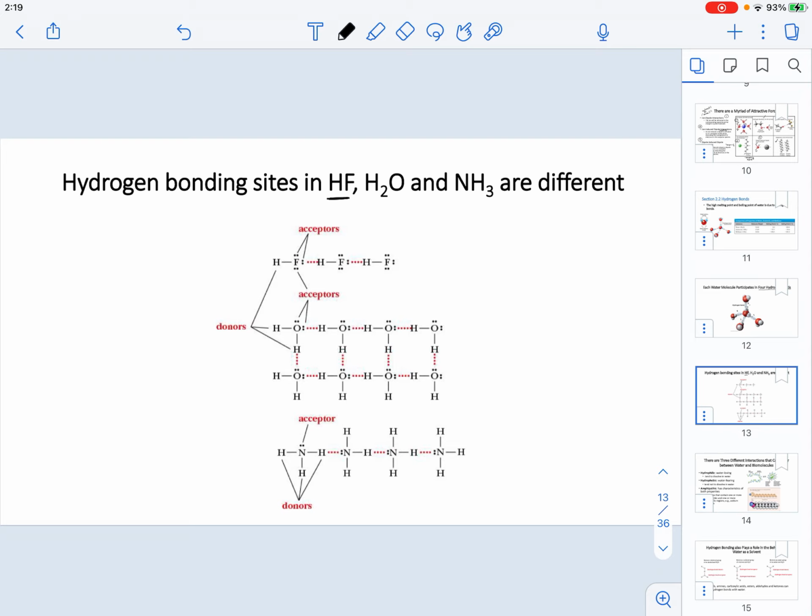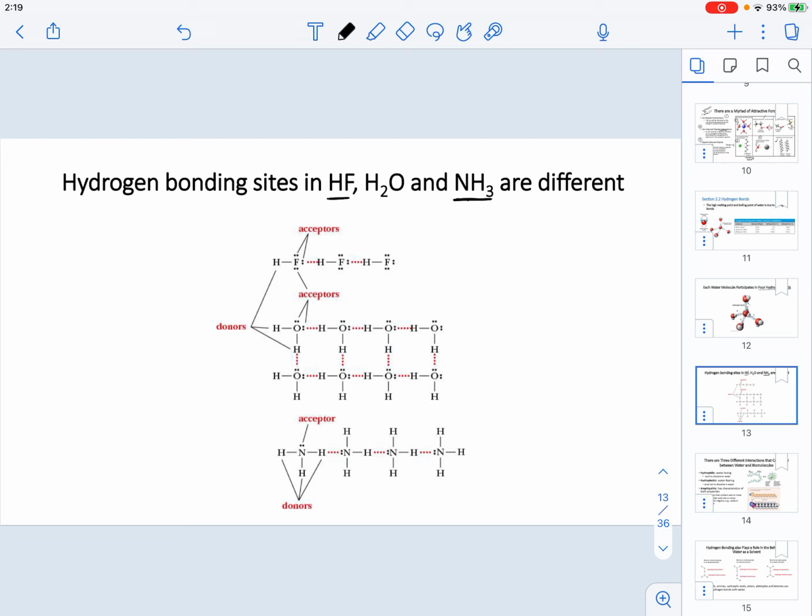Remember that if it's aqueous, that's hydrofluoric acid. I'm just giving all the names. Or if we compare it to ammonia, understand that the hydrogen bonding events between the molecules themselves are going to be different from the ones of water.